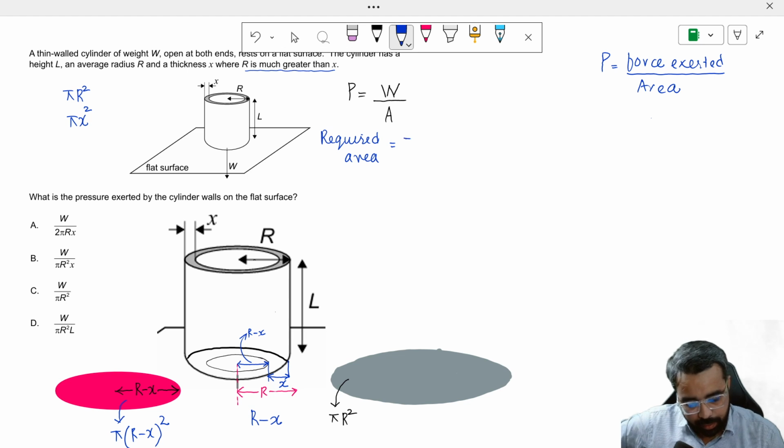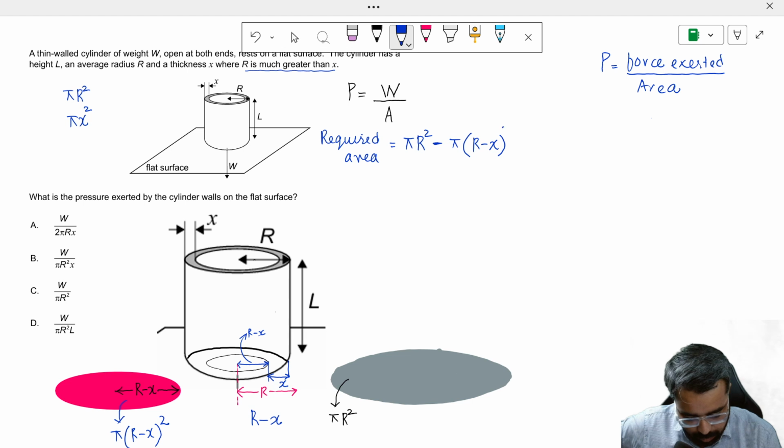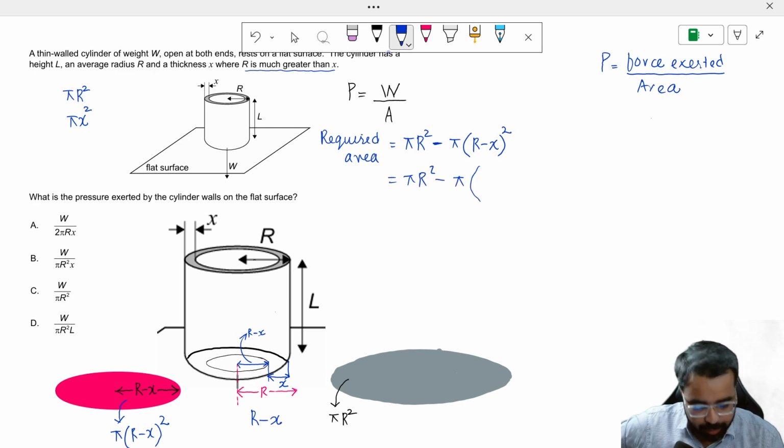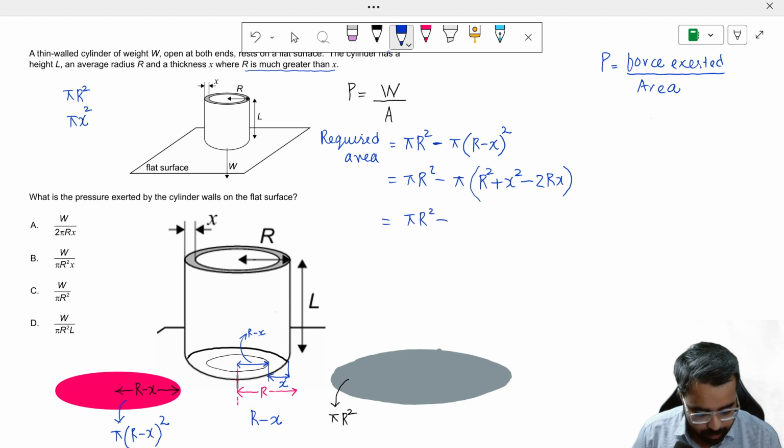So the required area is pi r square minus pi into r minus x whole square. Now we will solve it. Applying the formula and opening it, it will be r square plus x square minus 2rx. Multiplying it inside, it will be pi r square minus pi x square plus 2r pi x.